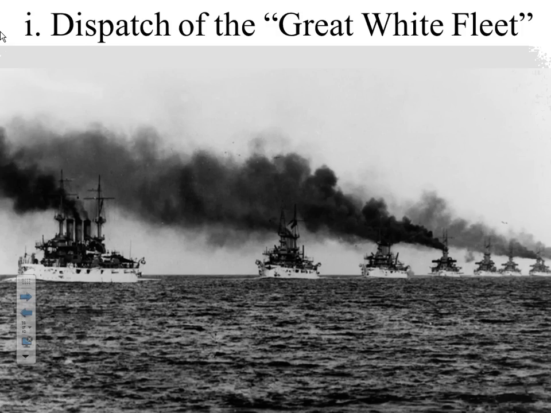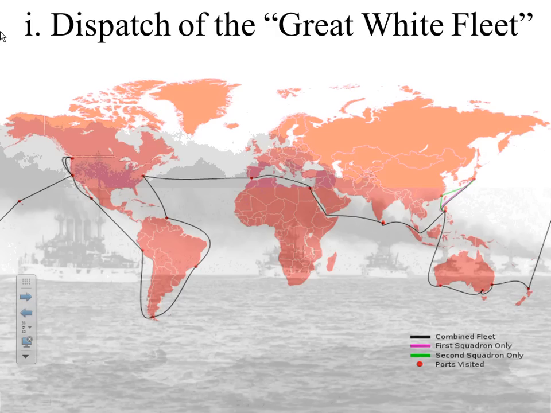We've talked about the Great White Fleet before. Here's an excellent black and white image of the Great White Fleet steaming across the open waters. And what you have during the Roosevelt presidency is the Great White Fleet being ordered on a worldwide peaceful mission across the globe.